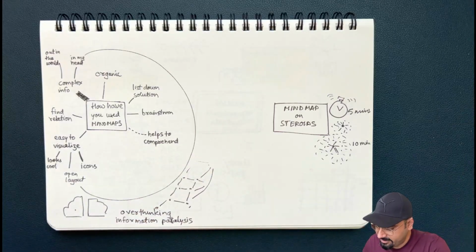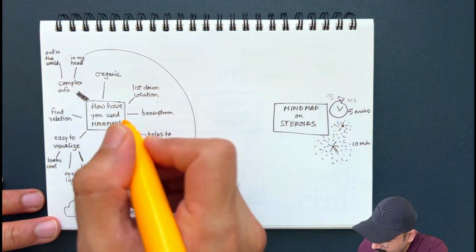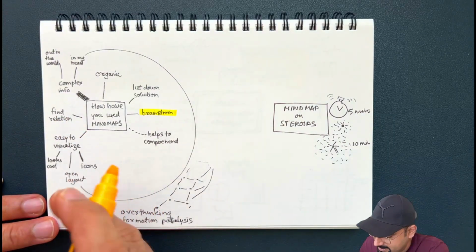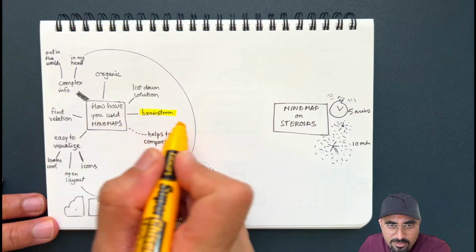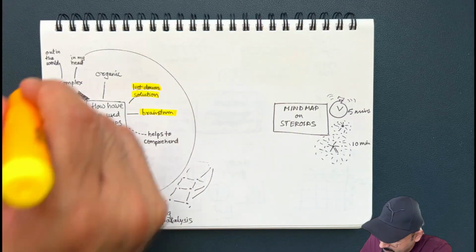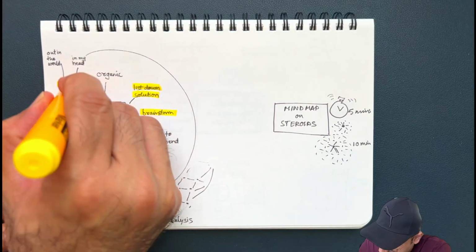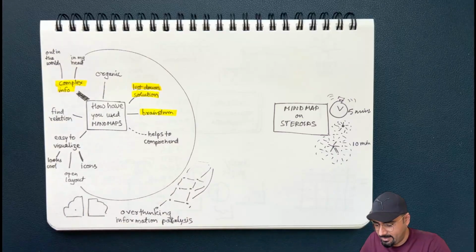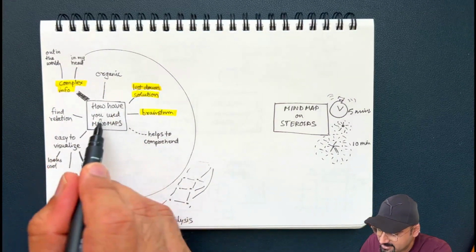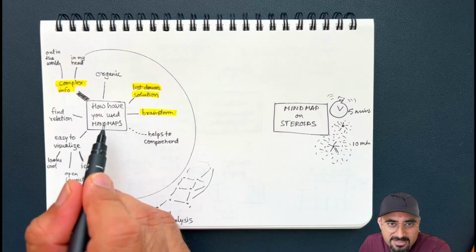Which are the three most important ones? I use it for brainstorming, because the question is how have you used it? Brainstorm is the most important. Then listing down solutions is the second one. Putting down complex info is the third one, right? And all others are more about the benefits of that central topic or the central question.